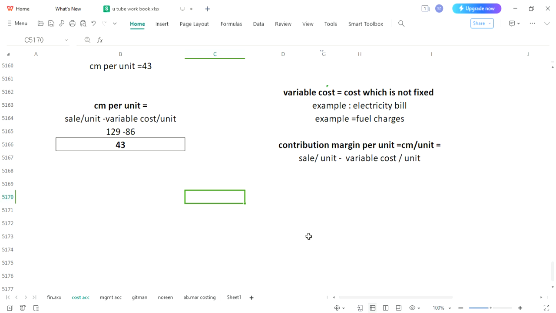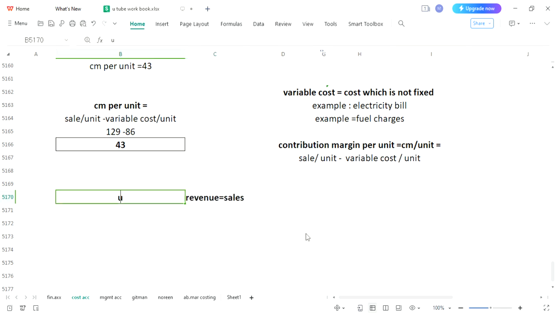First of all, you need to put your cost and revenue. Here you will put your revenue, or in other words the amount of sales, and here you will put your units.